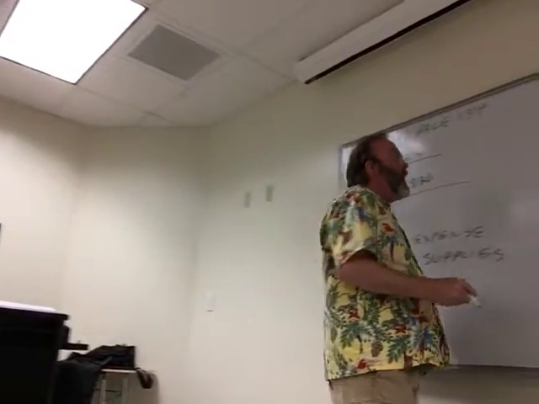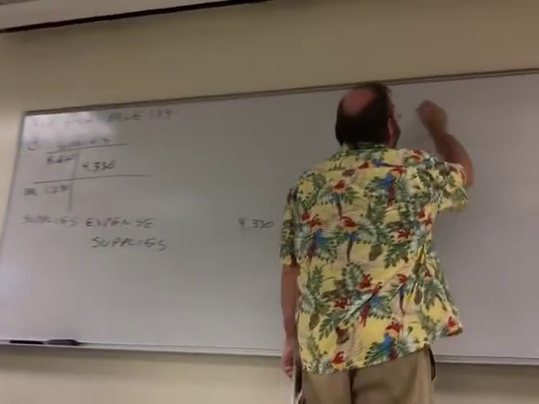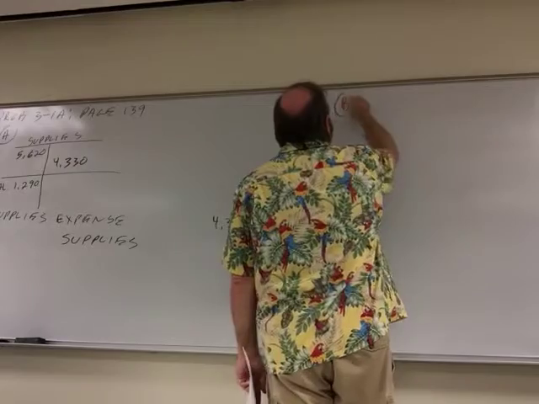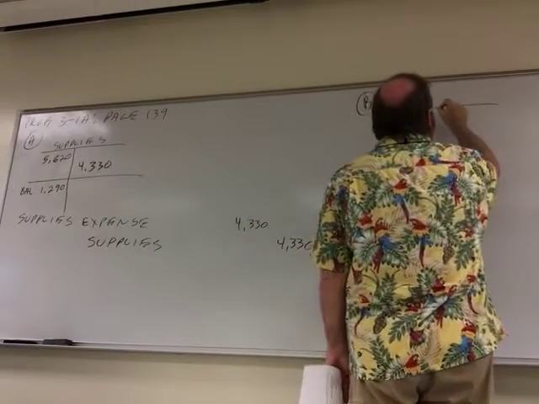Second one, B. The unearned rent account balance on March 31st is $5,000, representing the receipt of an advance payment on March 1 of 4 months' rent from tenants. So we have a liability account.